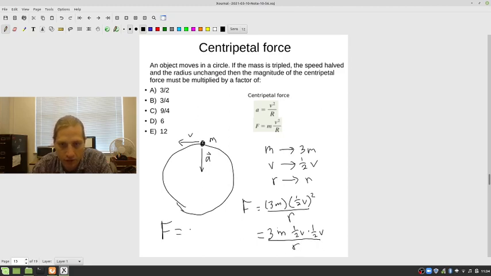And so my F equals 3 over 2 times 2, which is 4, mv squared over r. So I've got a 3/4 out front. I like that type of problem. I will almost certainly give you something that's pretty similar to that.